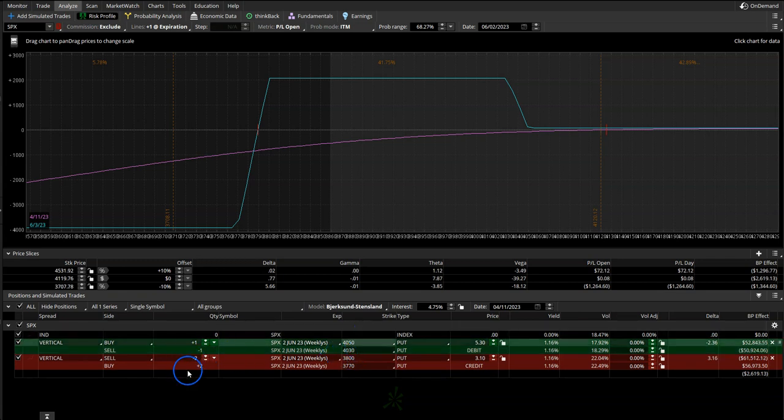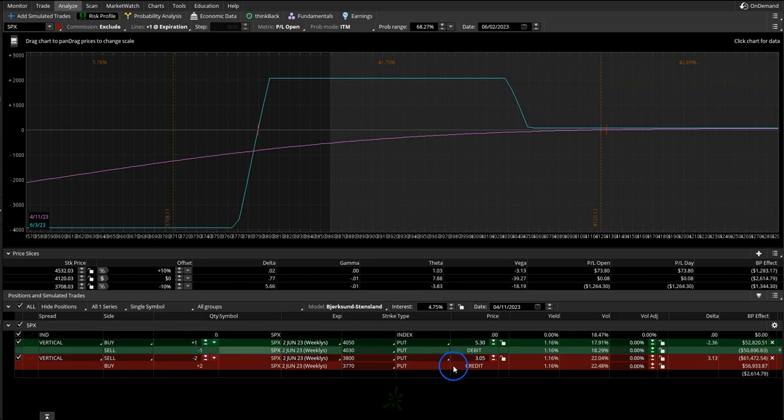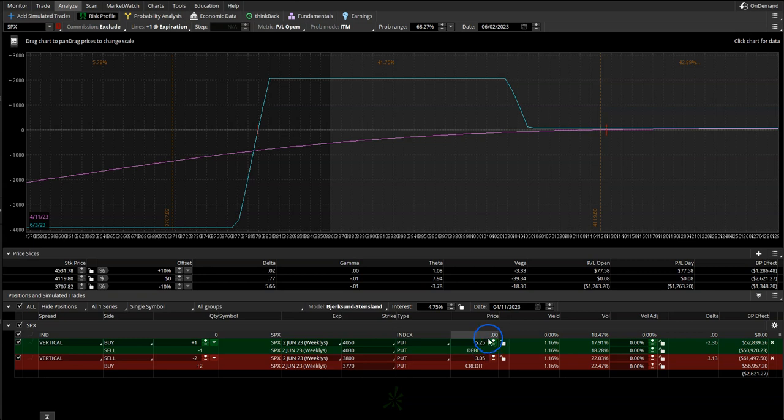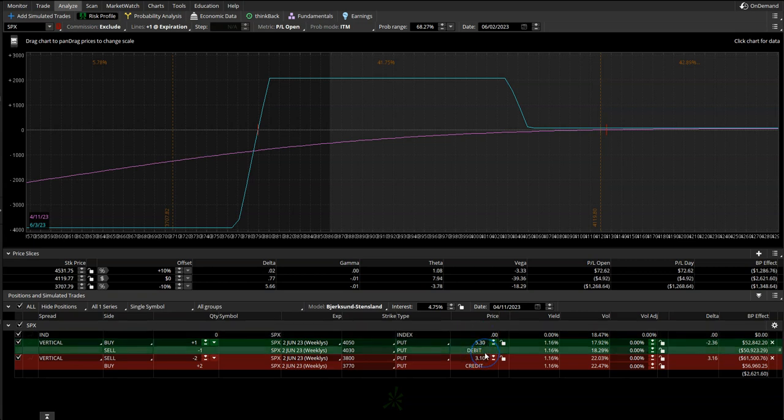You're going to use also 2 put credit spreads for every 1 put debit spread. And the total credit that you collect has to slightly exceed the debit that you're paying for the put debit spread. Right?